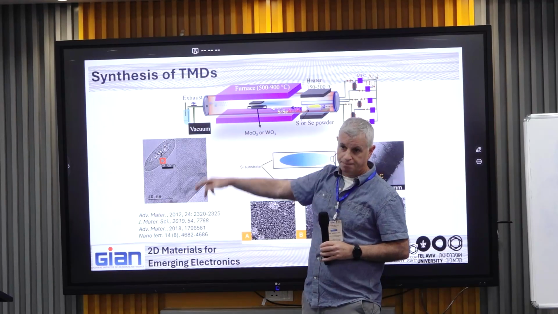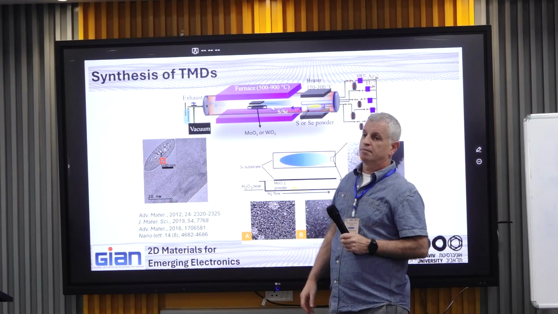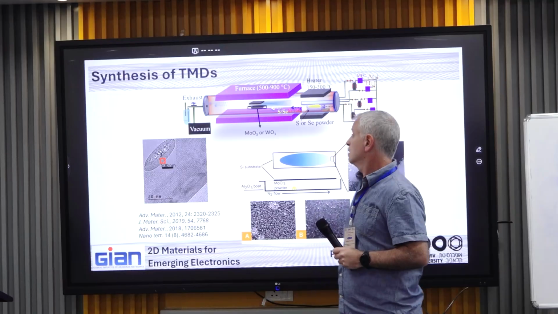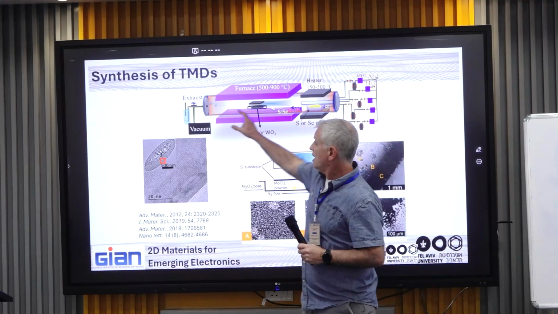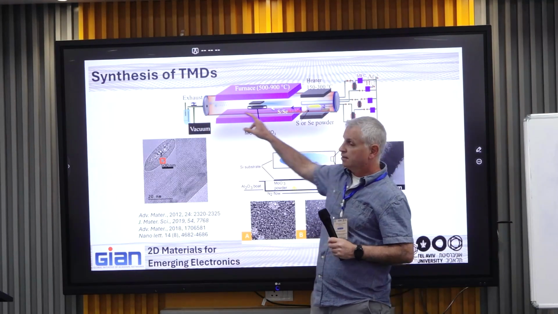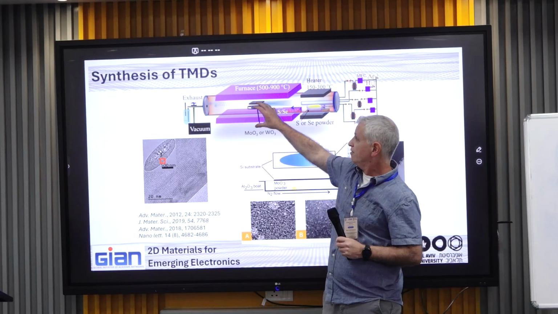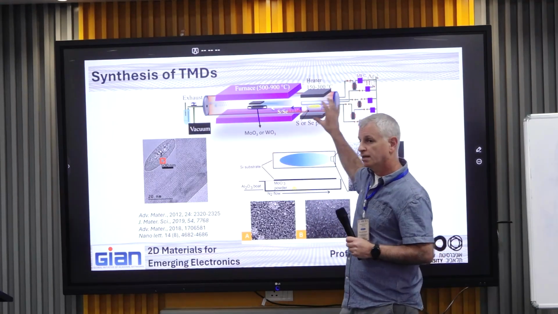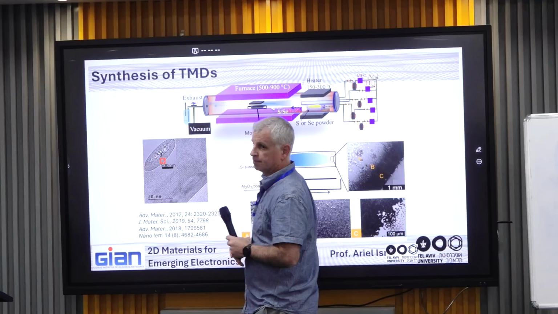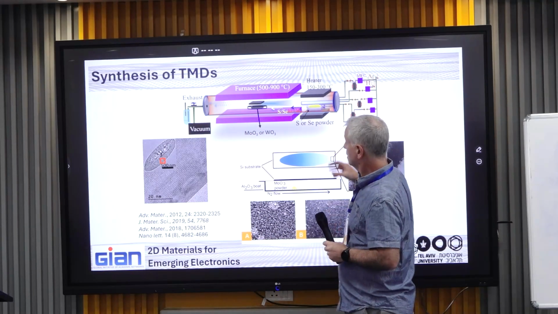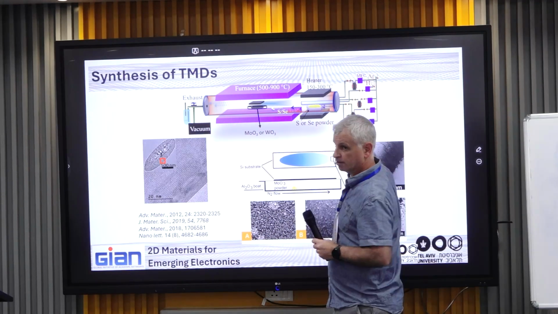So it will automatically carry the sulfur from this portion to the other portion. It's not another chamber, it's the same reactor. It's a tube reactor with just two different heating areas. The gas flows from that portion to this portion.